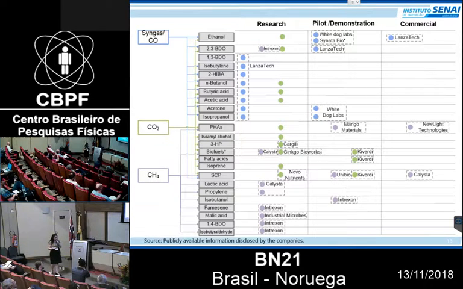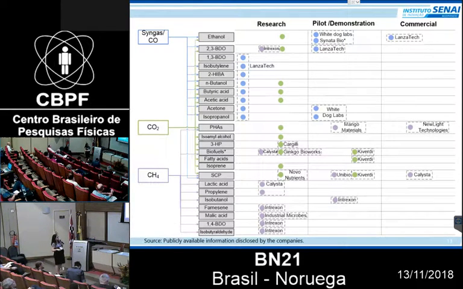It has launched its commercial production facility this year, and it's planning to launch 3 other facilities next year. So it's working on syngas, planning to work also on carbon dioxide, and is also a great player in the market.